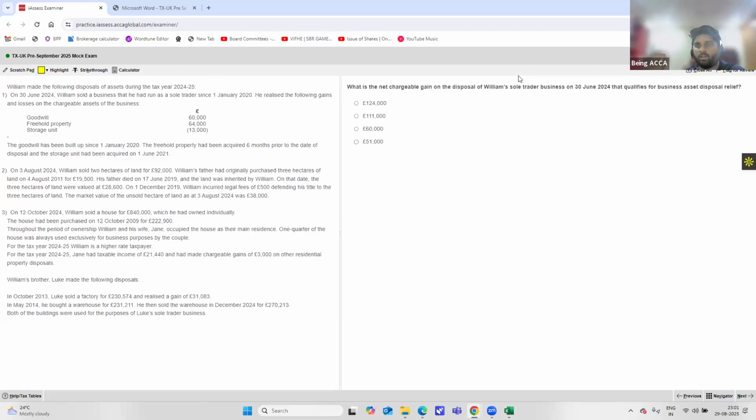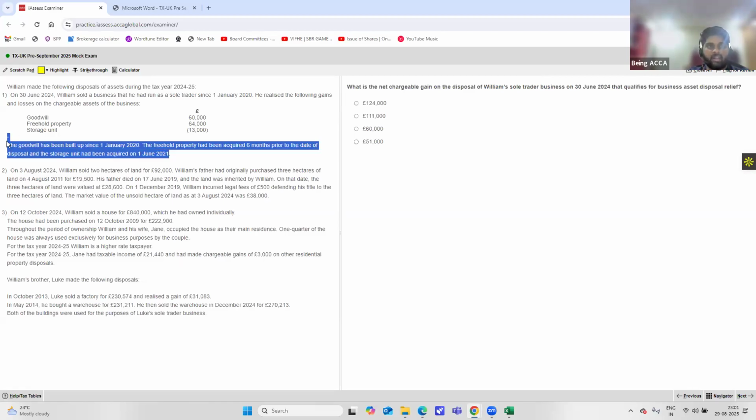If you know what all qualifies for BADR and what the conditions are, you go into the exam straightforward, look at the options and select the right answer. And you'll be able to cut out everything that is unimportant to us, like we have done at this point. So let's move on to the next question.